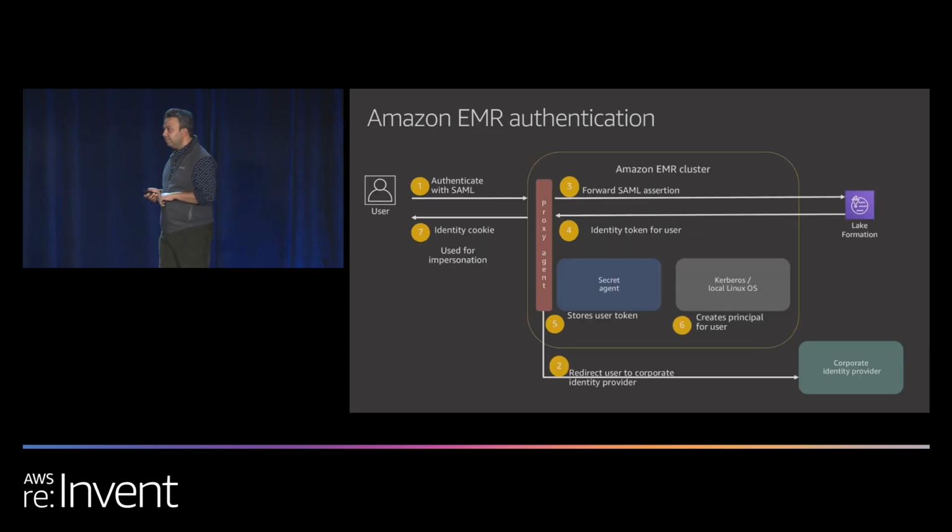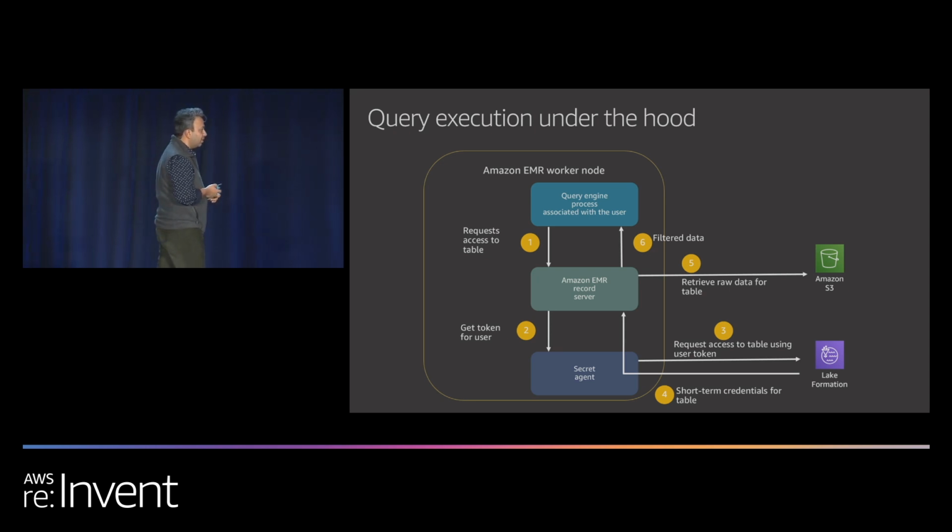A little bit deeper dive as to what's happening inside. We have added two new privileged processes on an EMR cluster. One is a secret agent, which securely communicates with the Lake Formation API and gets short-term credentials. The second is called the record service.